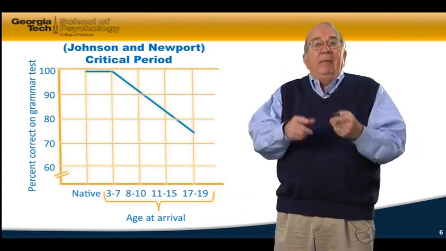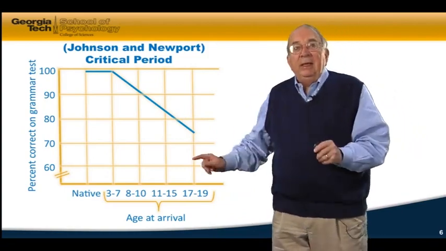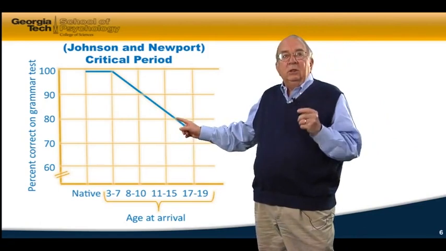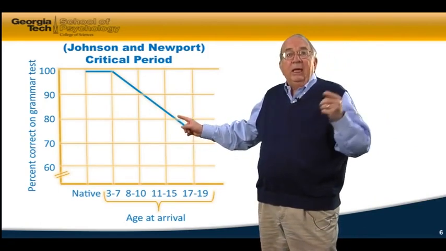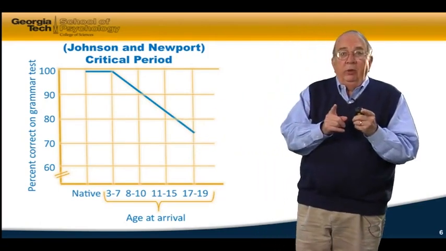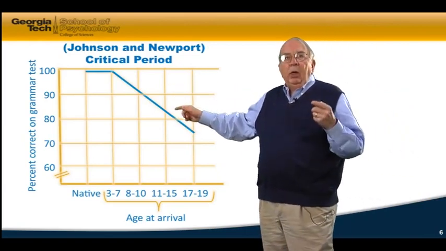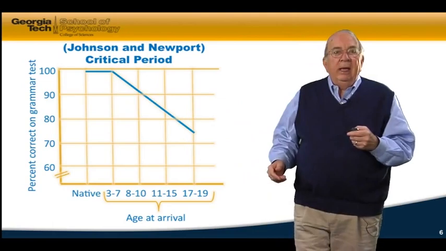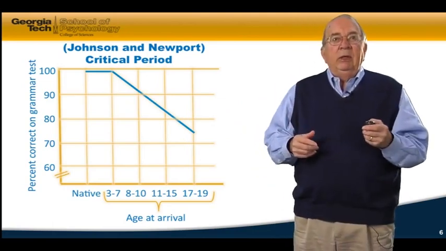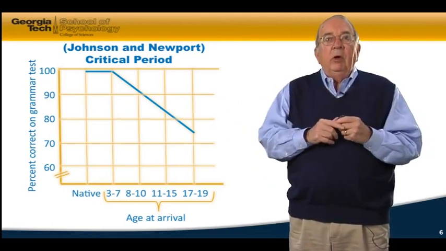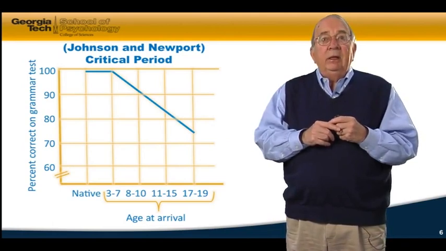So it's not the length of time that you're using the language, it's when you first started using the language, that is, how much of the earlier language were you using, and that's what this critical period is. And this is one argument against the idea that it's just behavioristic, because you have this period of time very early in life where you can learn language easily.